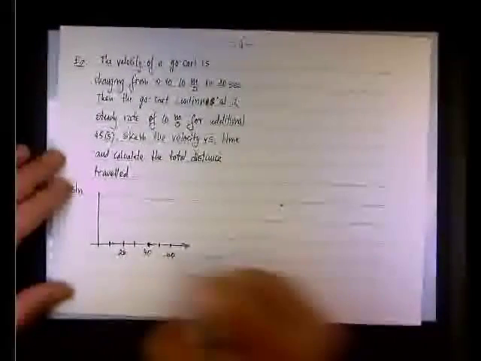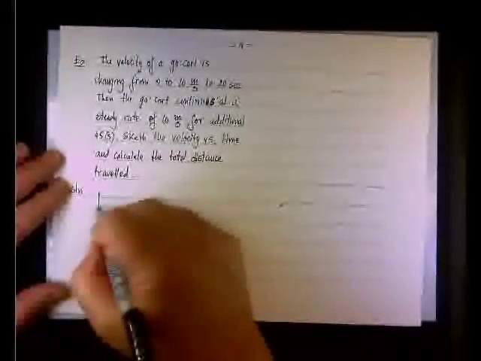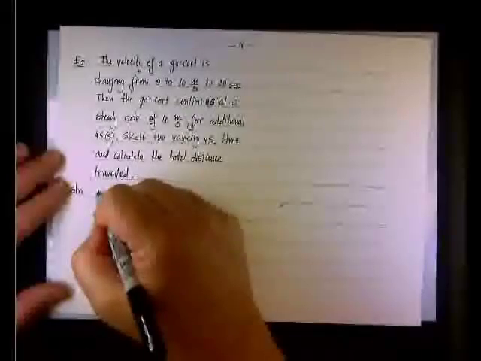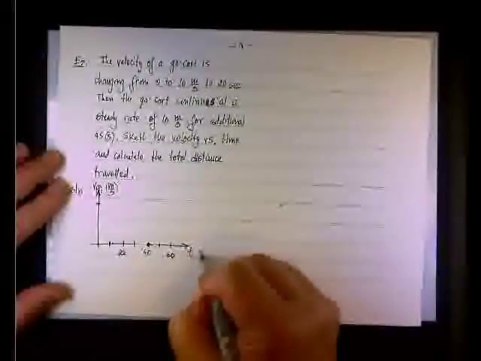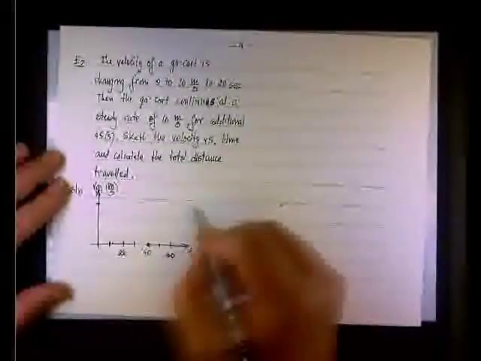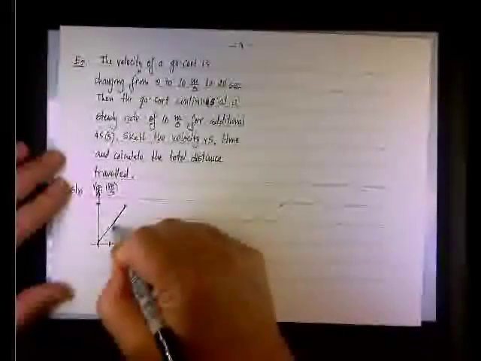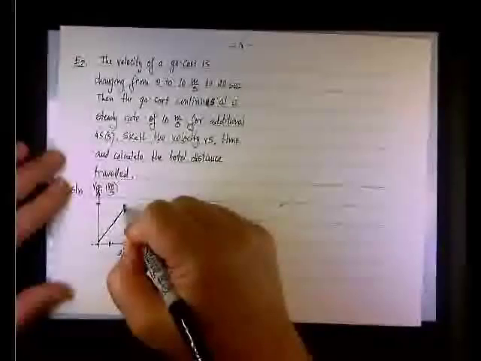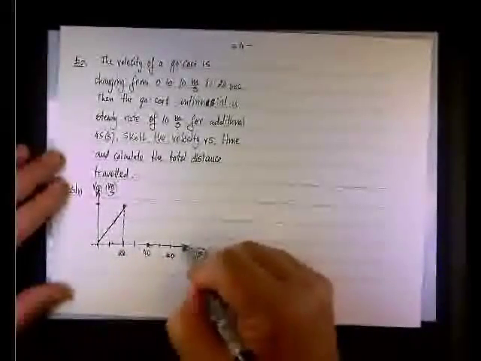Let's say this is the high speed. So here's the velocity, v of t, measured in meters per second. This is the time t measured in seconds. And we go from 0 to 10 over 20 seconds.